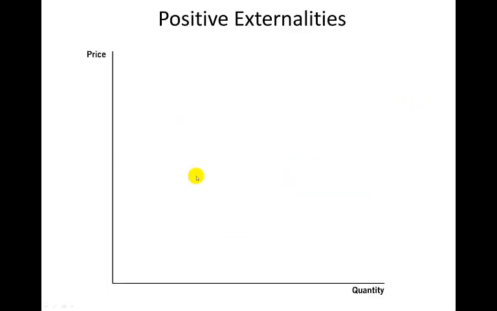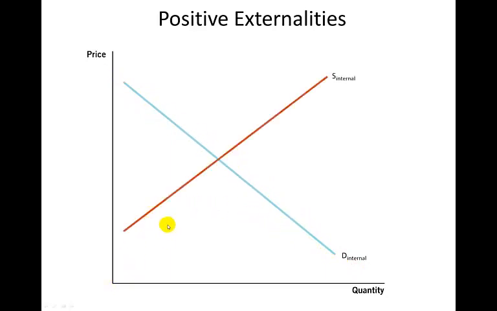So how would this look on the supply and demand diagram? Well, here's our demand curve, which gives the private benefits to people who are getting vaccinations. Here's the supply curve. This represents the costs to doctors and clinics for giving vaccinations. And if we just let the market go freely without accounting for the positive externality, rather, we're going to reach this outcome.